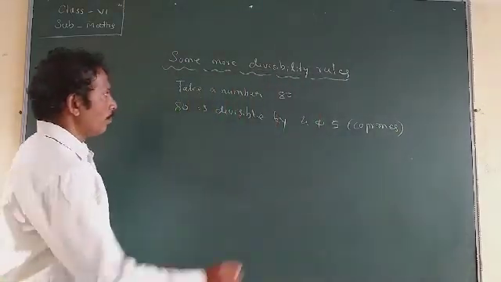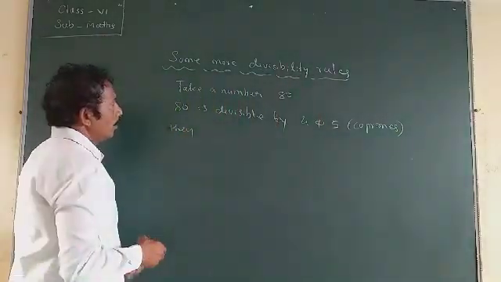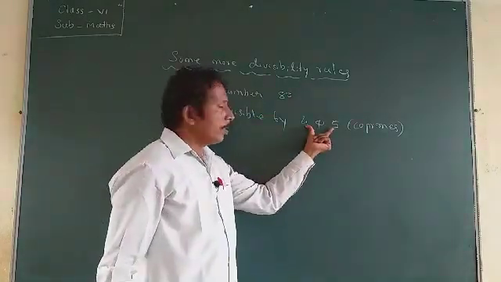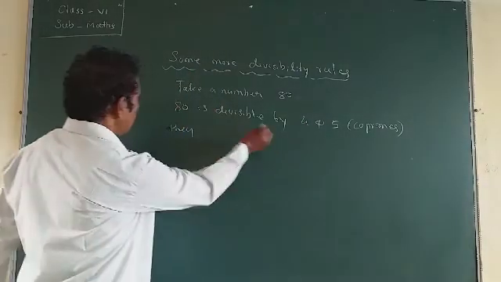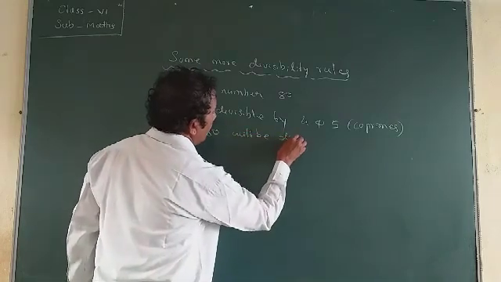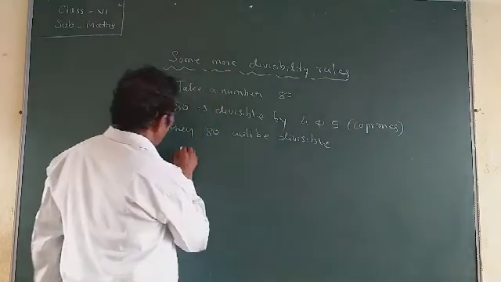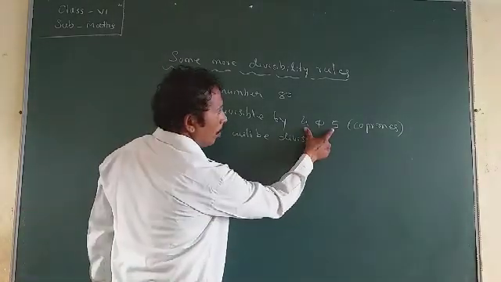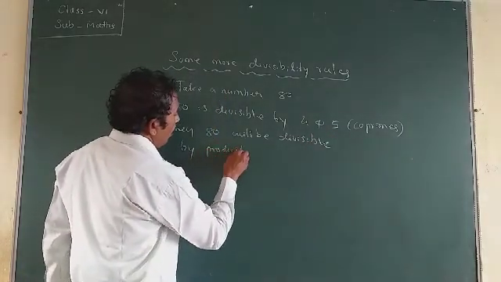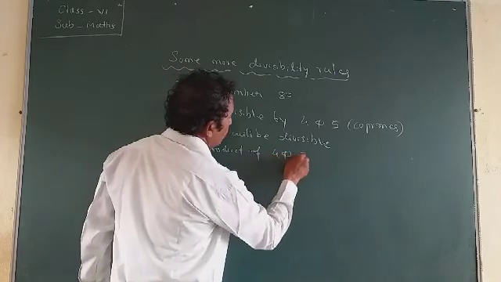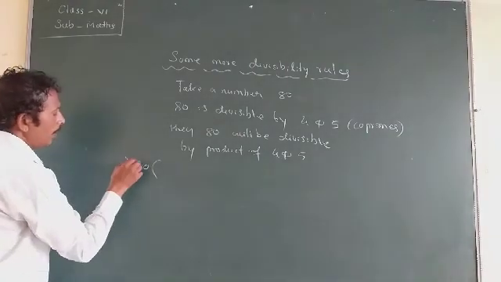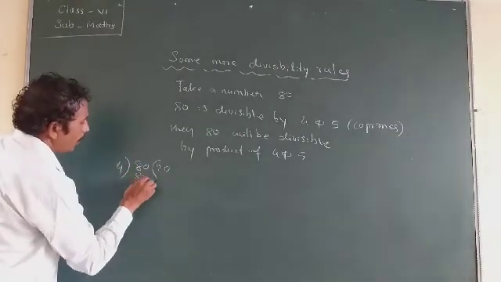Then the same number will be divisible by the product of these two co-primes. So 80 will be divisible by the product of 4 and 5. 80 is divisible by 4, 4 20s are 80.